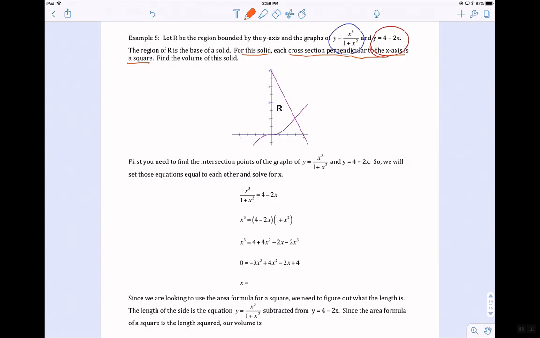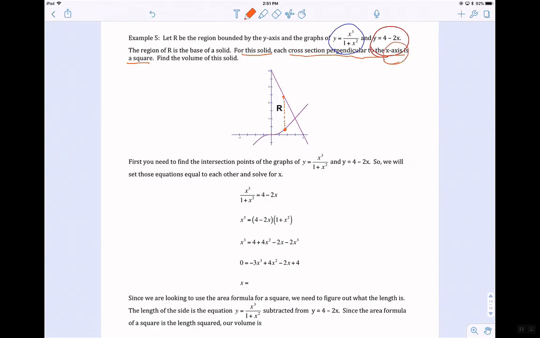Okay, find the volume. What that's saying is cross-section perpendicular to the x-axis means that this orange spot here is a cross-section perpendicular to the x-axis, because the cross-section is going vertical and the x-axis is horizontal.